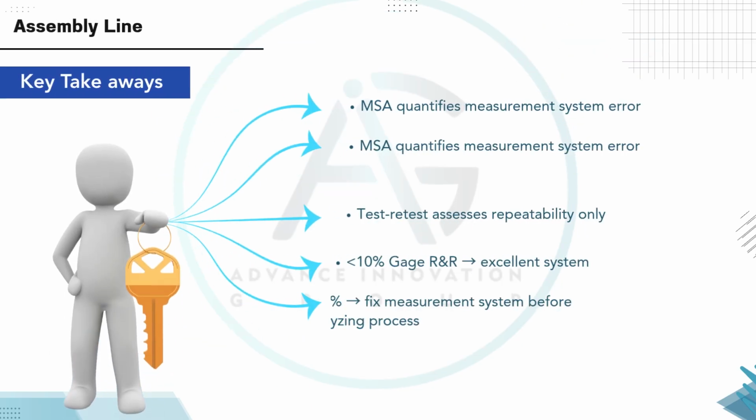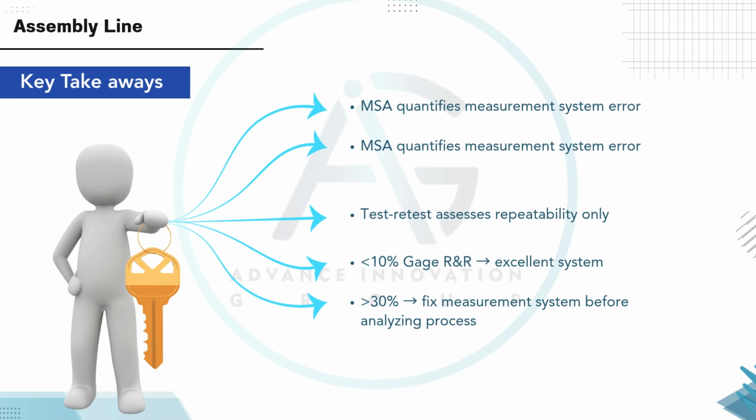This slide summarizes the key points to remember about measurement system analysis, or MSA, especially in the context of an assembly line process. First, MSA helps us quantify the error in our measurement system. It tells us how much of the observed variation is due to the measurement process itself, whether that's from the equipment, the operator, or the method.